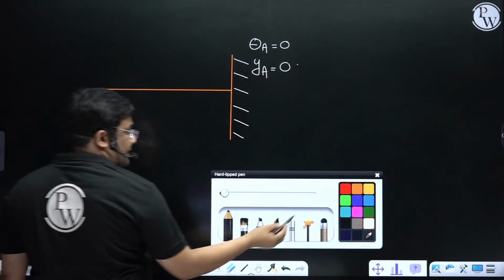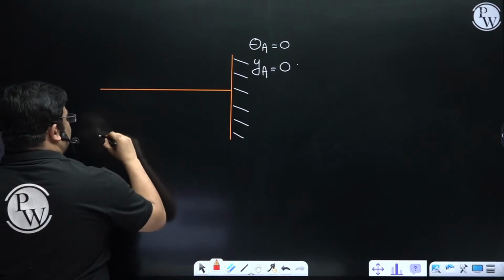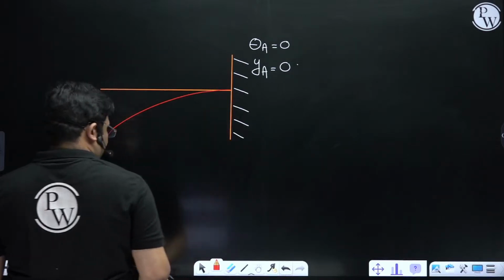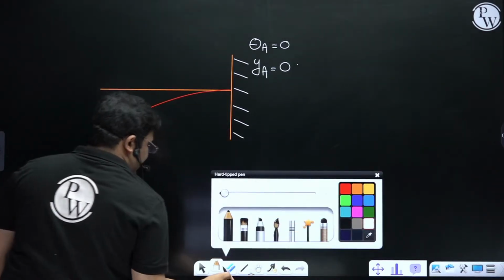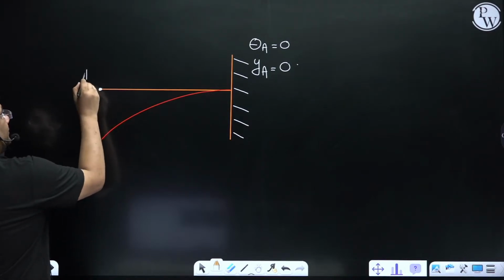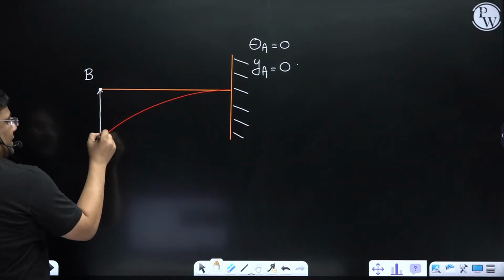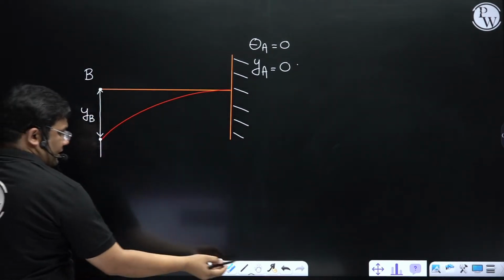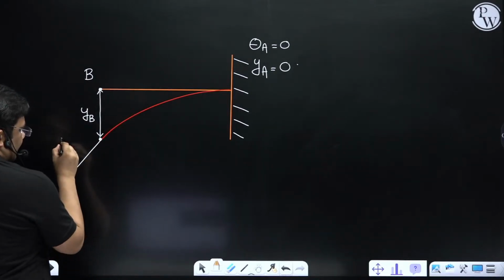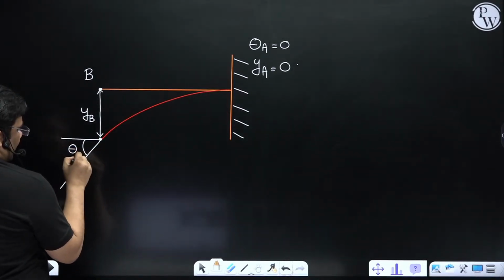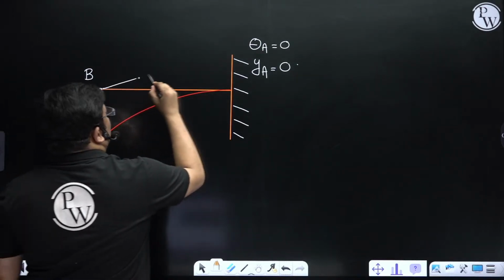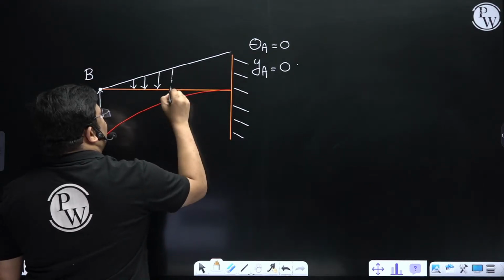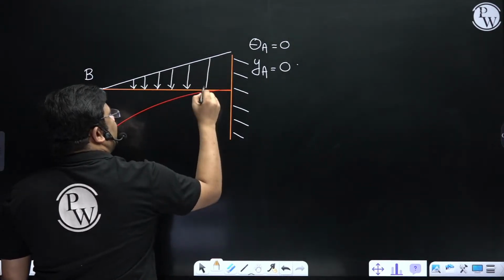Again the deflected shape will be like this. At this point B, this will be YB, and if I draw a tangent, this will be the slope. The loading is a varying distributed load, something like this.